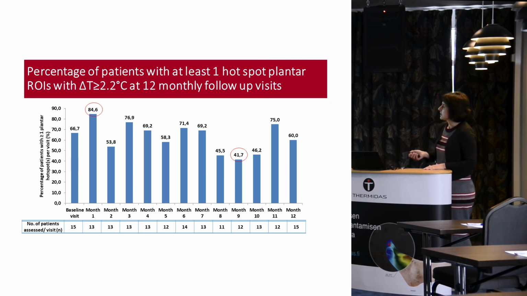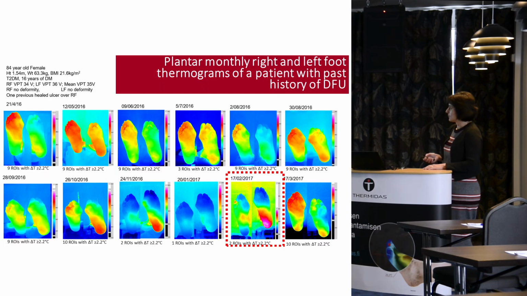It seems that if we only look for hotspots, there was an increased percentage of patients with at least one hotspot on the plantar side on these 12 monthly follow-up visits. And also there was some variability. We were able to see these thermal images at the end of the study, and they are monthly thermograms of a person who did not ulcerate, and you can see that they can vary quite a lot.